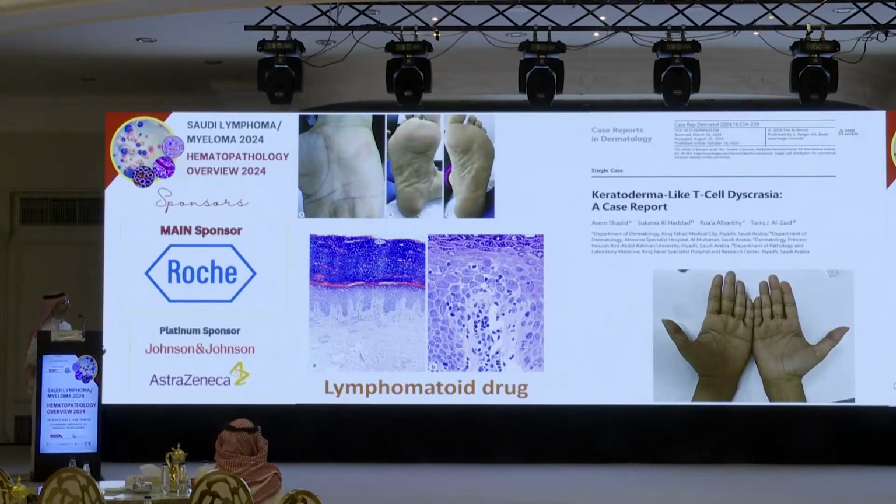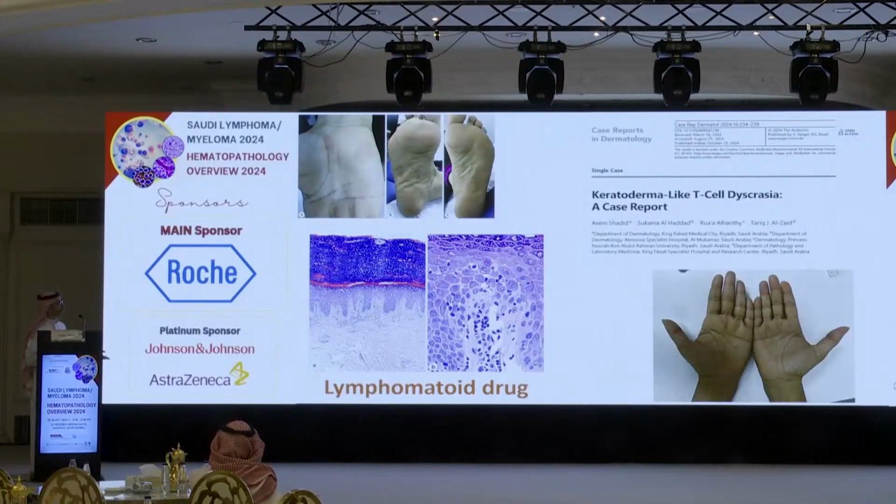Then the clinician looked back into the medication, and she found that the patient is taking a statin, one of the statins, which is reported to cause keratoderma-like T-cell dyscrasia. Before the biopsy, they were treating the patient with steroid, and it was not responding to steroid.